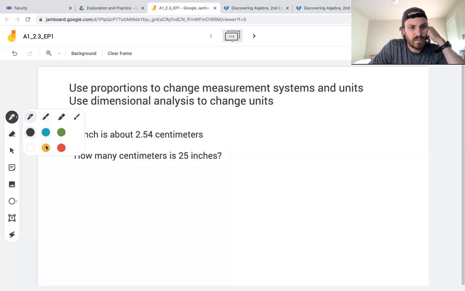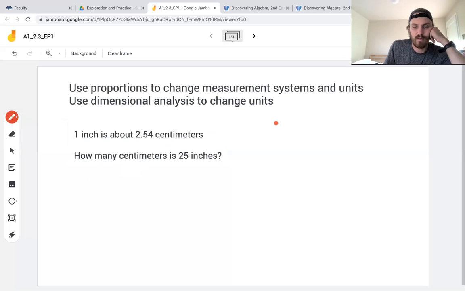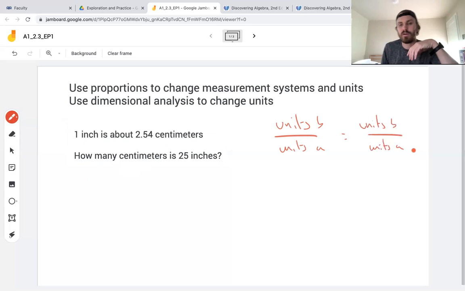Another way to do it is to actually set up a proportion and say, great, let us write a proportion. And remember my tip about how you got to have units here and units here. Let's call this units B, units A, and they have to match units B and units A. So if you're going to write a proportion, you got to make sure those units match.